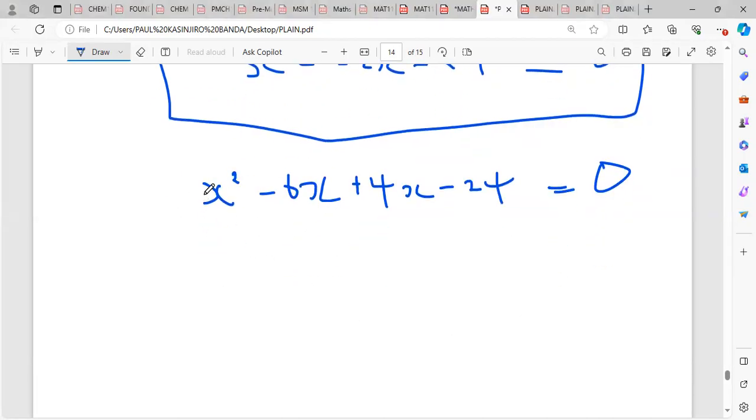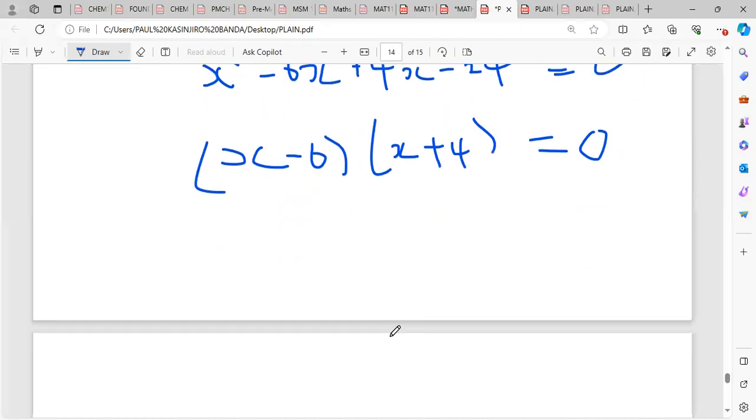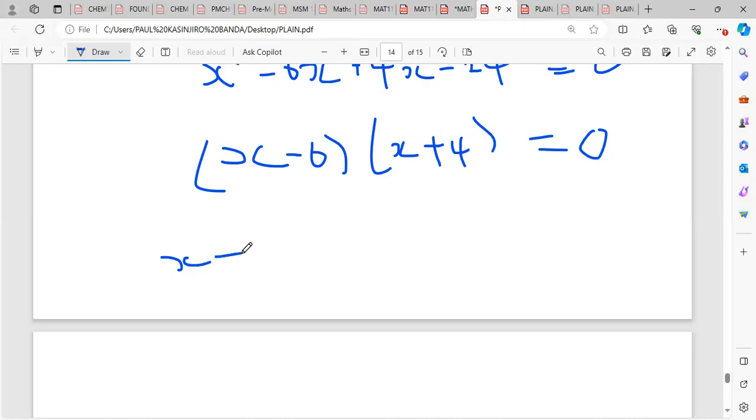Whenever the coefficient of x squared is 1, you just combine your x's with those two factors. So one factor will be x minus 6, the other will be x plus 4. This equals 0, so my x values will be 6 or minus 4.